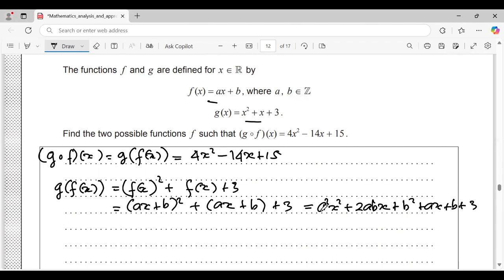And yeah, I would like to simplify. It is a squared x squared plus (2ab plus a)x plus b squared plus b plus 3. So this is g of f of x.